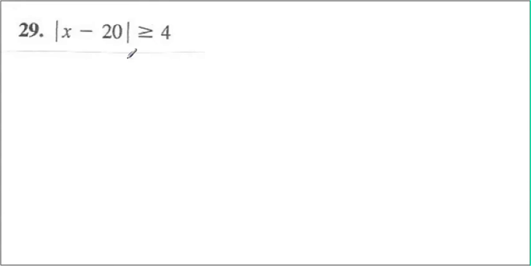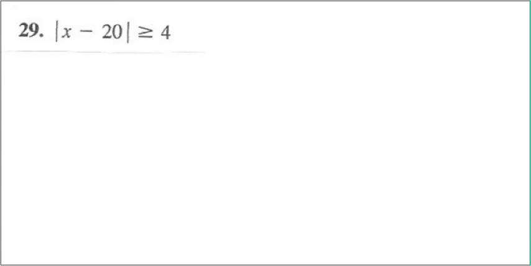Alright, how about this one? This piece basically means x minus 20 has to be greater than or equal to 4. Now, one way in which we can talk about this one is that the absolute value talks about the distance from 20.